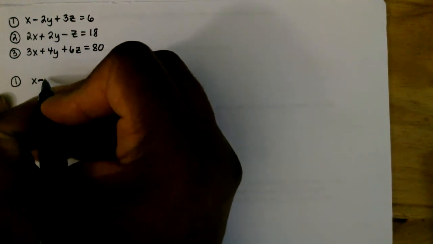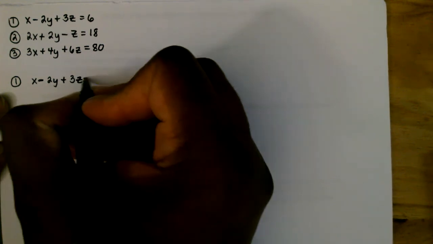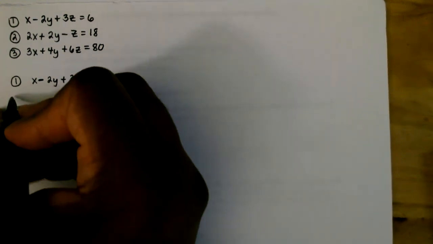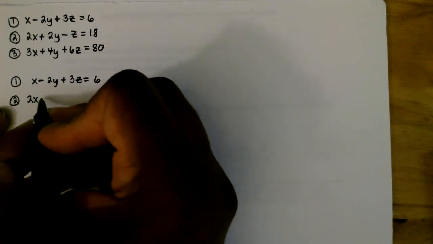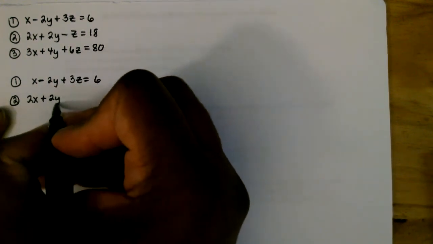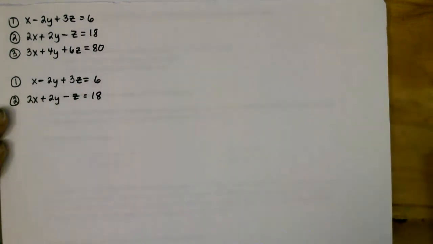So I get x minus 2y plus 3z is equal to 6. That's equation 1. Equation 2 is 2x plus 2y minus z is equal to 18.